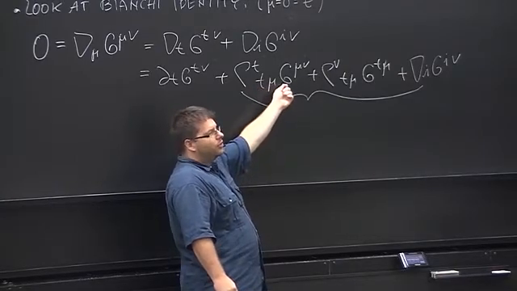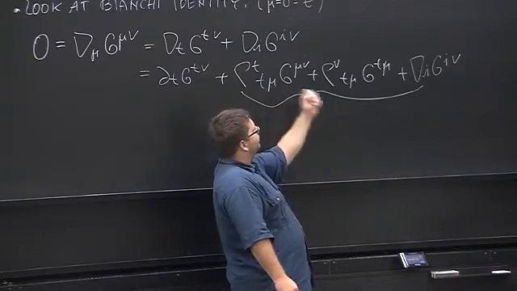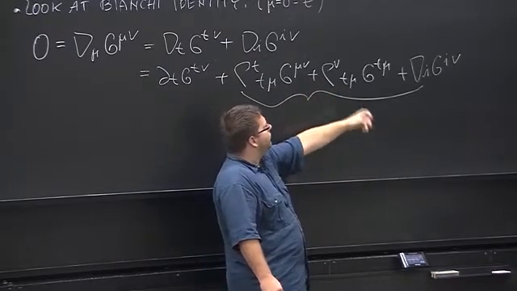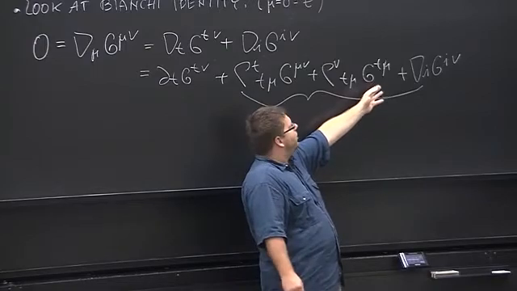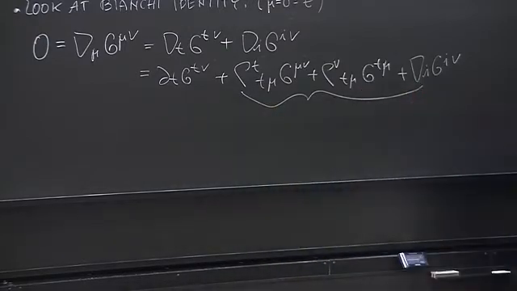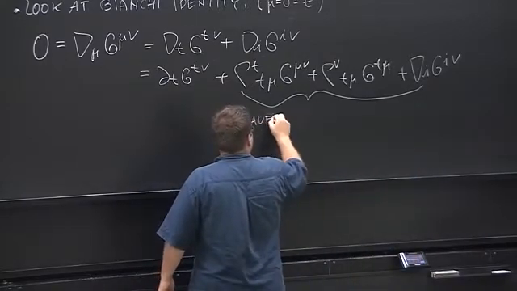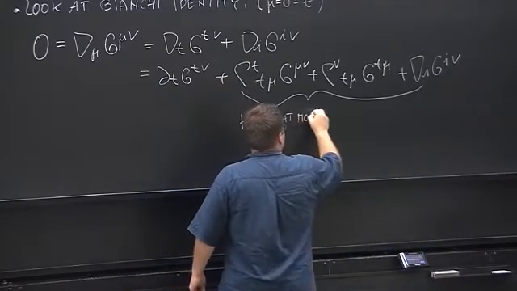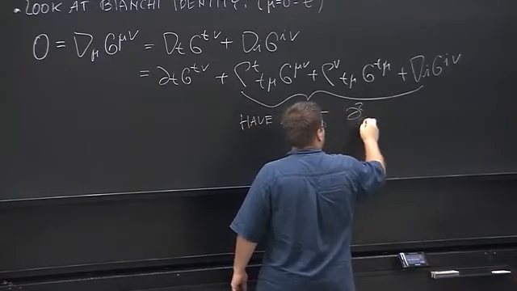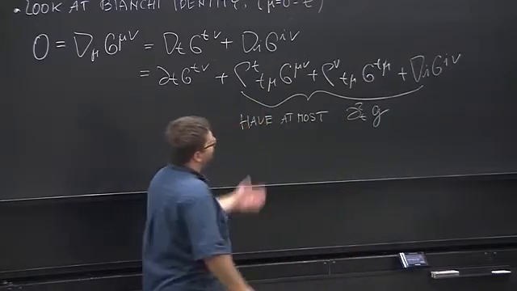It's not differentiating g mu nu, it has only first derivatives with respect to time. This can have at most first derivative with respect to time. I'm not differentiating with respect to time this g, and this only gives spatial derivatives of my g mu nu. So these things have at most second order derivatives of my metric, right? Because I'm doing spatial derivatives.